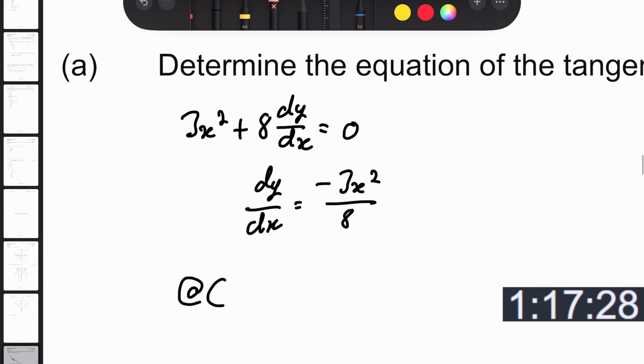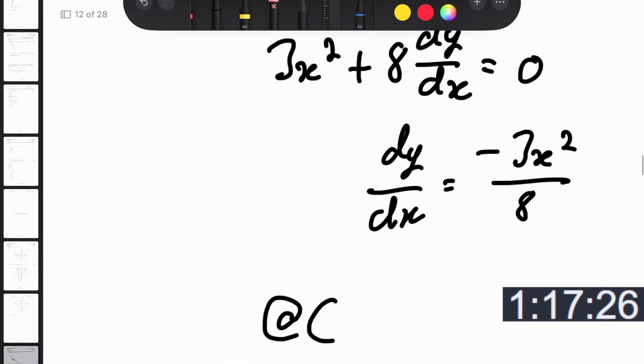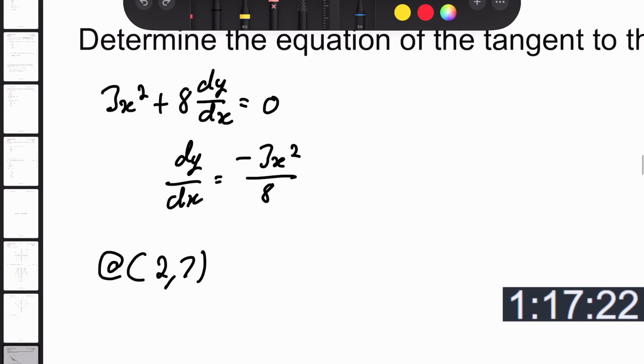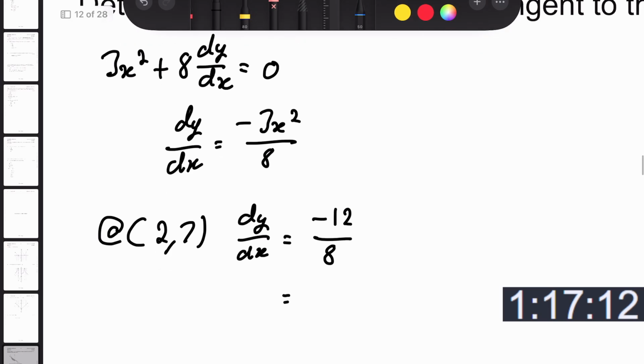At point T, (2, 7), dy/dx is going to equal negative 12 on 8, which is going to equal negative 3 on 2. Am I being stupid? Nope.